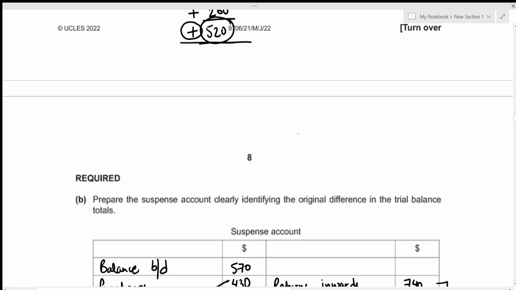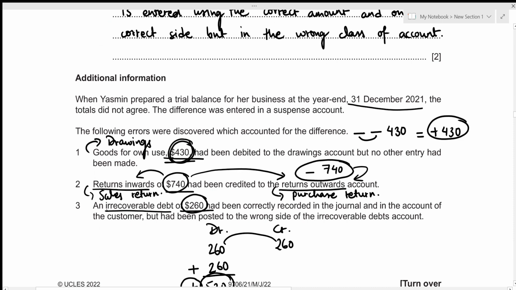Now let's have a look at our error 2. Okay, this one, return inwards should include the value of 740, right? So we need to add 740 to return inwards, but we know that return inwards is basically sales return, and whenever we're trying to figure out the profit, sales return should be subtracted. So that's a negative, right? Which means that negative and positive, that will be negative 740.